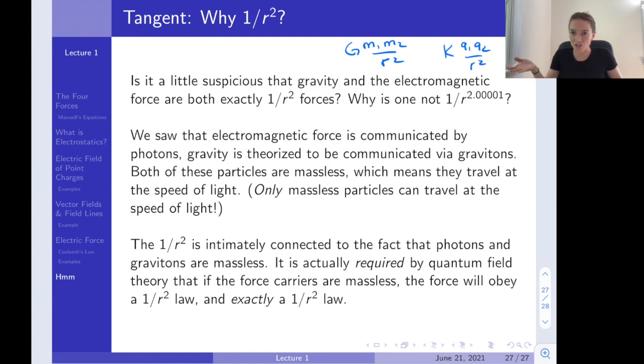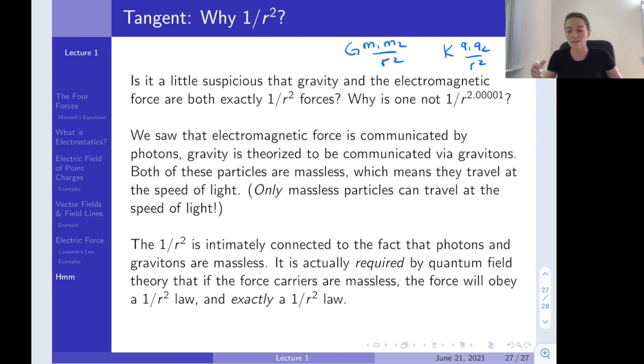So these look essentially the same, right? They're just different variables. So it's actually very weird that gravity and electromagnetism look sort of exactly the same mathematically in that sense. And also the reason why this is exactly r squared down here and not r to the 2.00001 or 2.5, like it's very nice of nature to just give us r squared instead of like r to the 6.2.